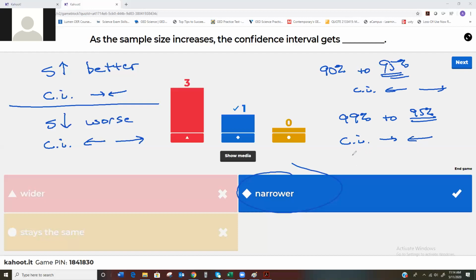Is that what you're saying? Wider is better? No, when it's wider, it means to have it narrower is better because it's more exact. Yeah. So to have a narrow confidence interval, like if somebody said, what's the average number of credit hours that a student has?